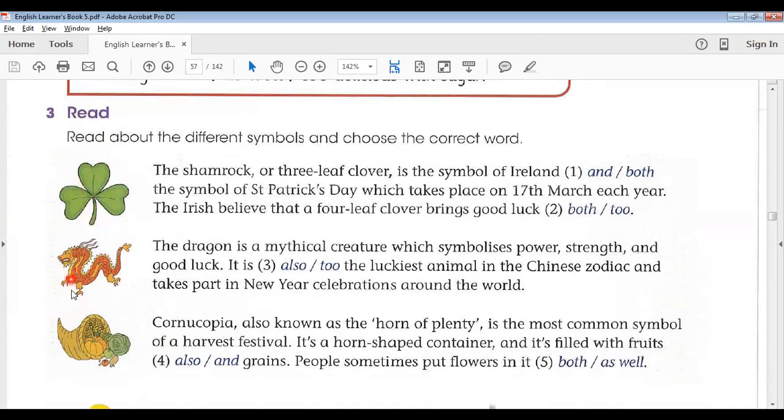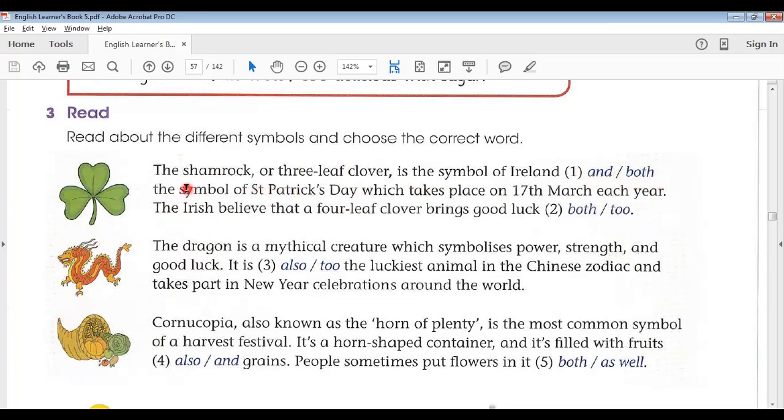So basically these three things we have already discussed in the vocabulary slide. So I just asked the students to read these descriptions, okay, and then I encouraged them to choose the correct option.